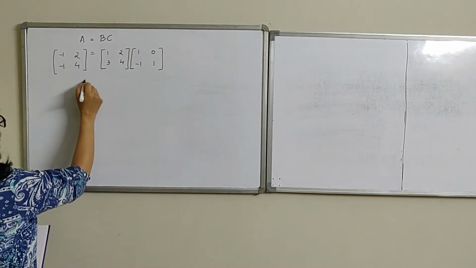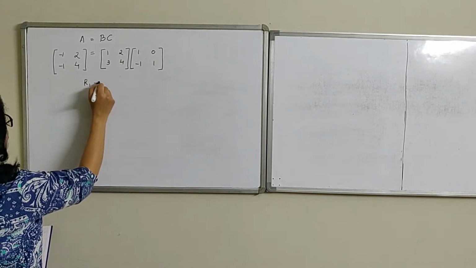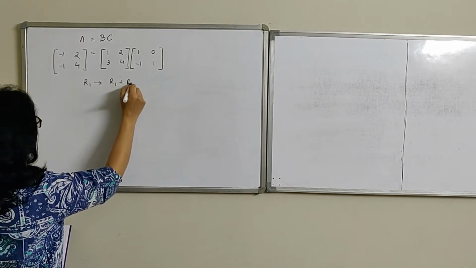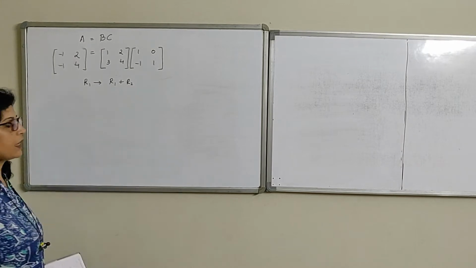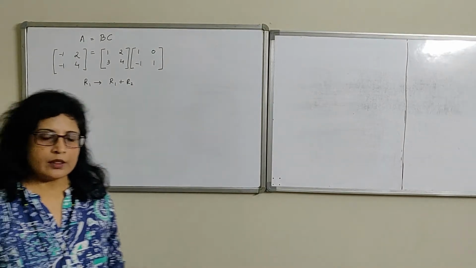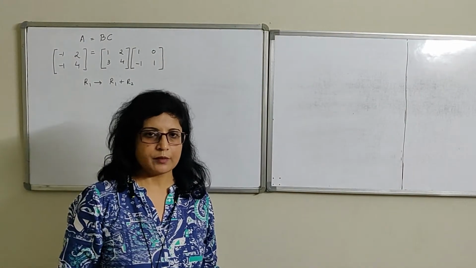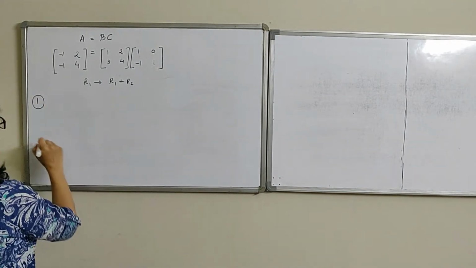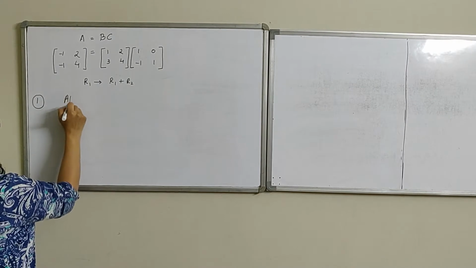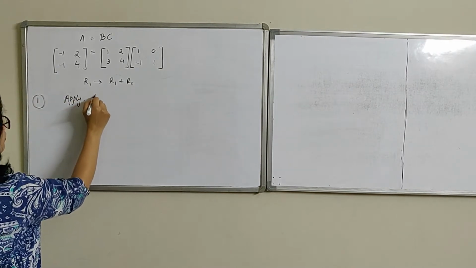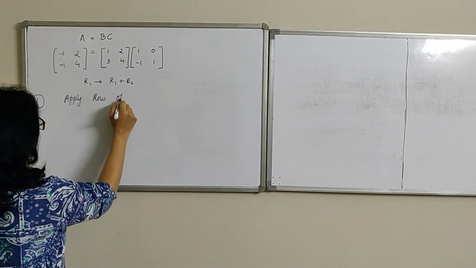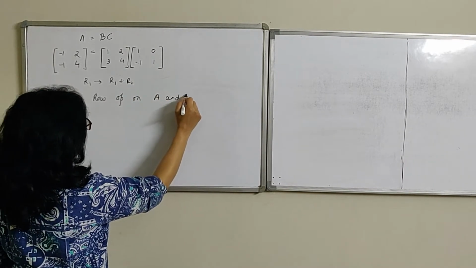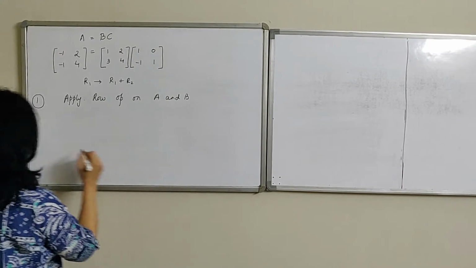Now let us apply a simple row operation. Suppose I want to make a change in row 1 as R1 plus R2. Now to apply this row operation, there are three possible cases. The first case, we can apply the row operation on matrix A and matrix B only.